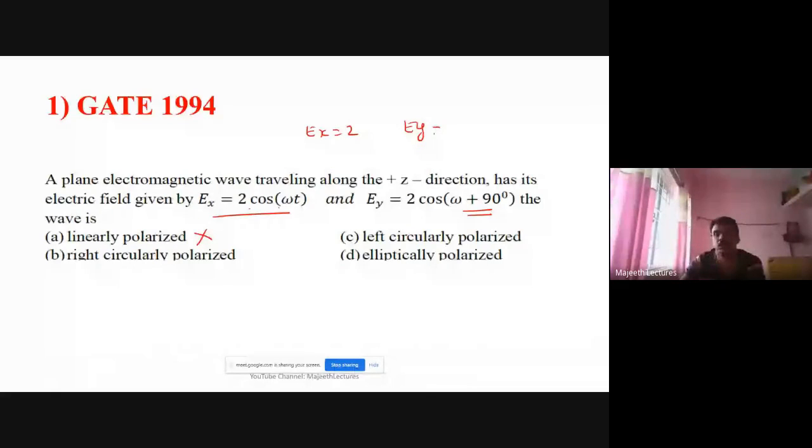Both are the same, so it is circular. If it were not the same, it would be elliptical. Whether it is left circular or right circular, I told you: a plus symbol means left circular. So it is plus, so it is left circularly polarized. Simple. Fine? Okay.